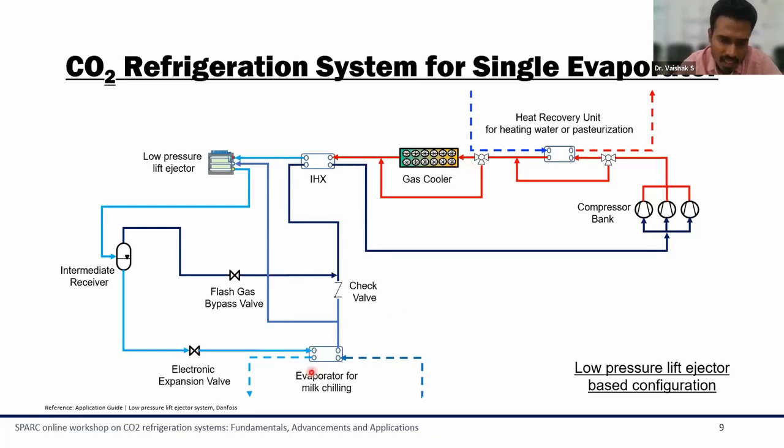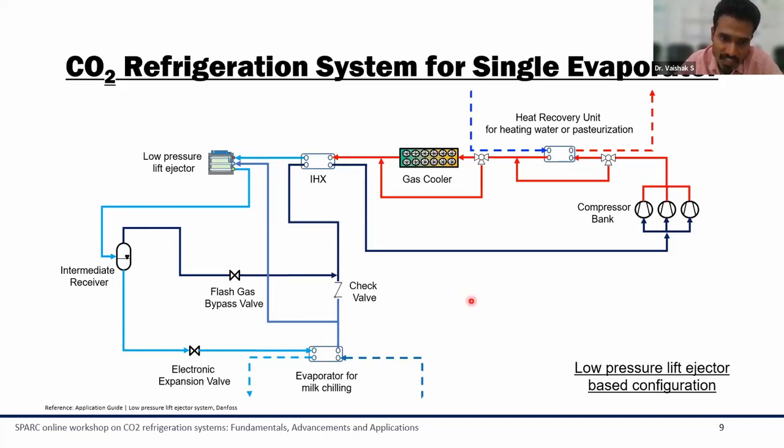That means we have a milk chiller which will chill the milk, and a heating unit which is used to produce hot water or to support the pasteurization process. So this is a CO2 configuration applicable with the single evaporator configuration only.